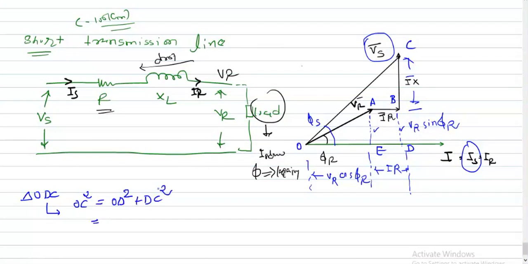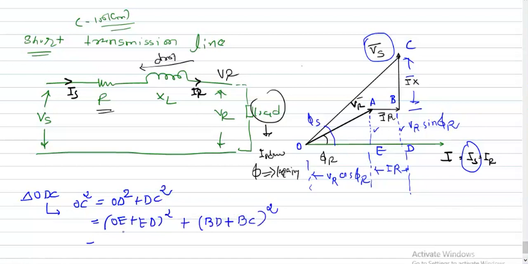But what is OD? OD is basically OE plus ED, so I will write (OE plus ED) square. And DC is basically BD plus BC, square. Now I will put all the values.